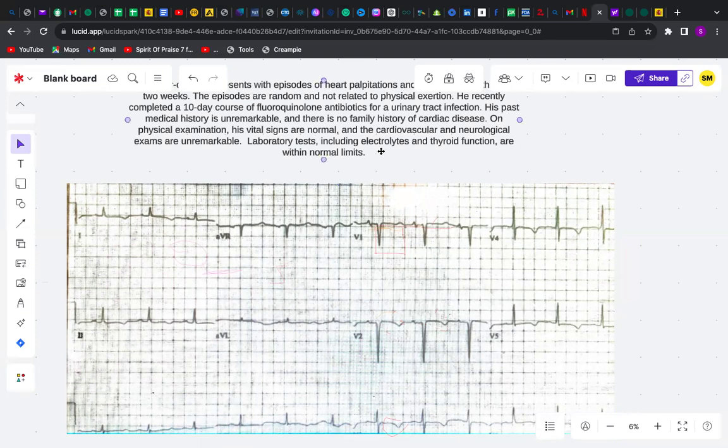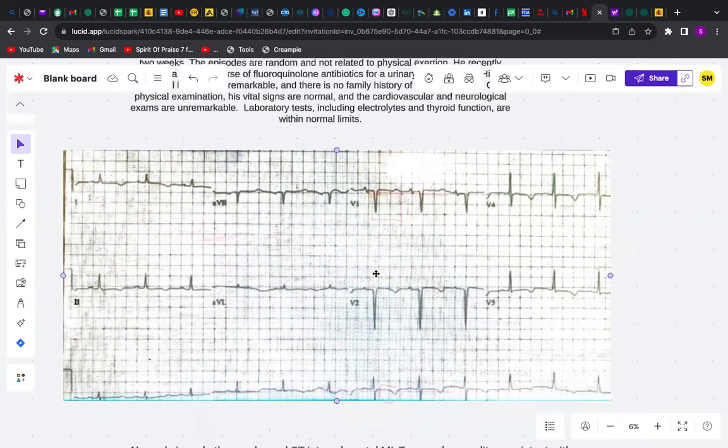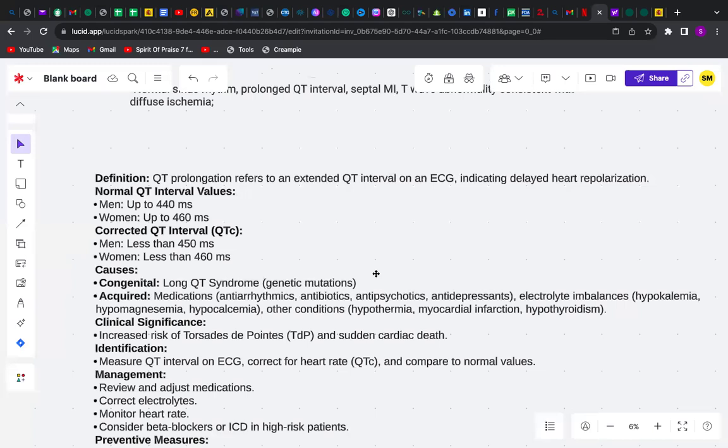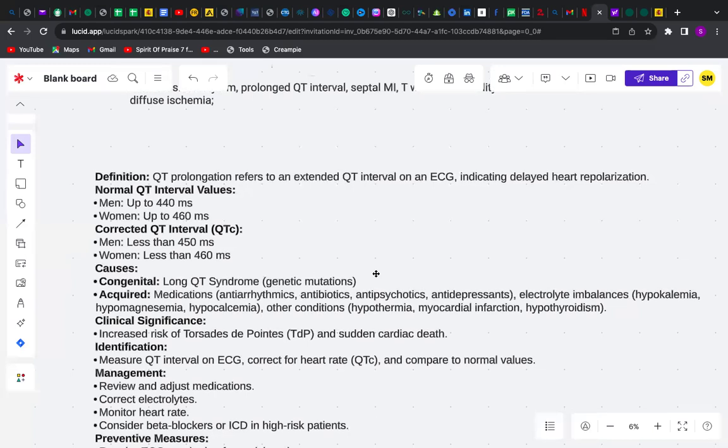Electrolytes were also normal, which means that this was not a case of hypokalemia, hypocalcemia, or hypomagnesemia. The cases we encounter sometimes are hypocalcemia and hypomagnesemia.